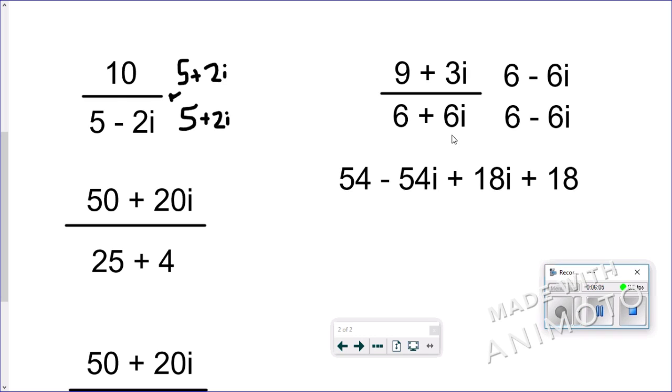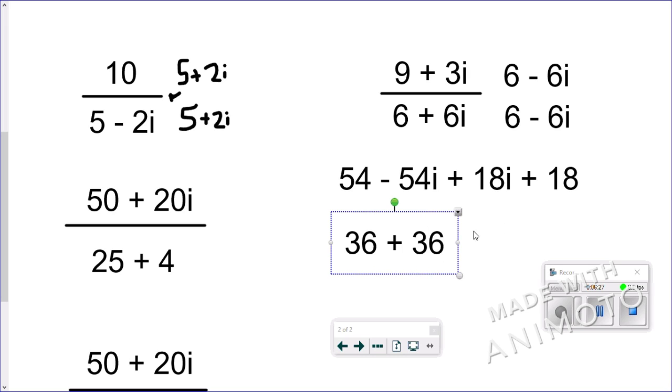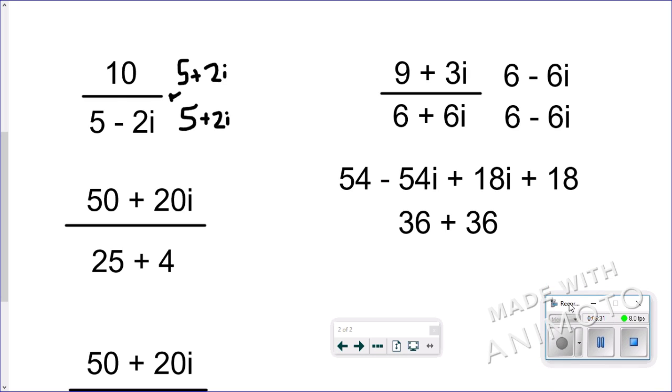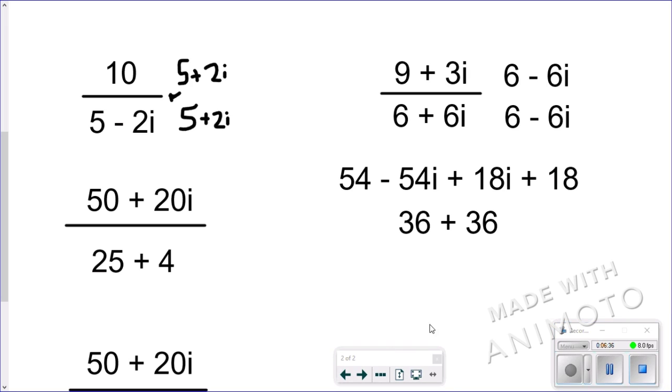Then do the same for the denominator. 6 times 6 is 36. 6 times negative 6i will be negative 36i. 6i times 6 will be positive 36i, which cancel out. And then we have 6i times negative 6i, which would be negative 36i squared, which is going to go to a positive 36.